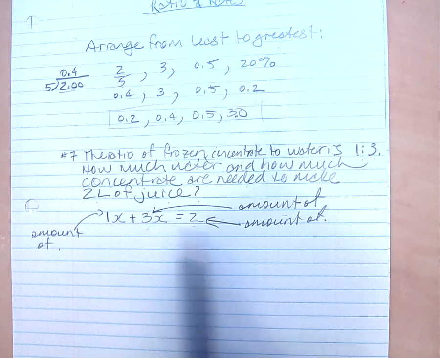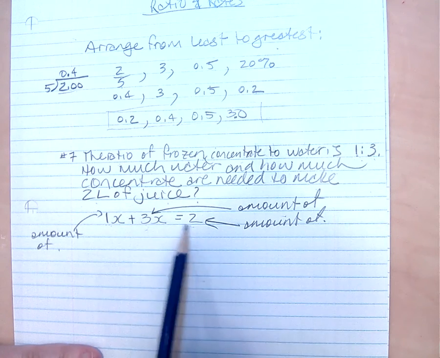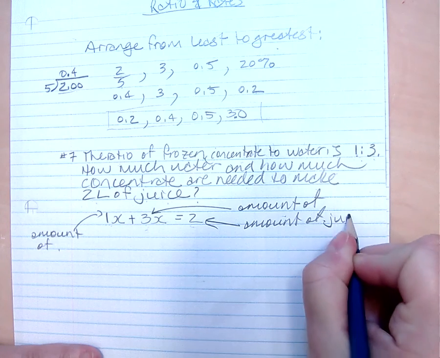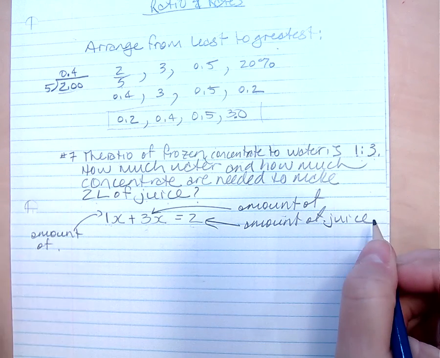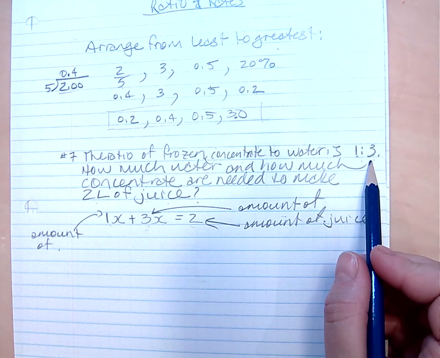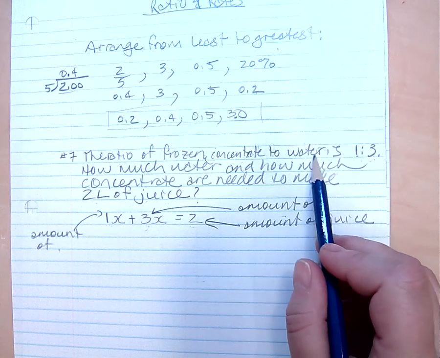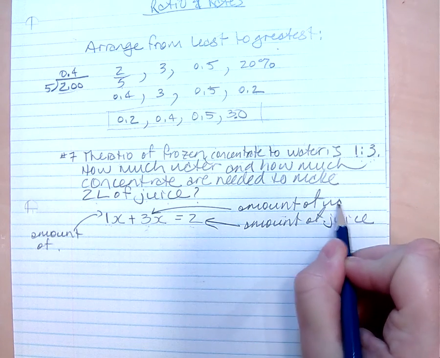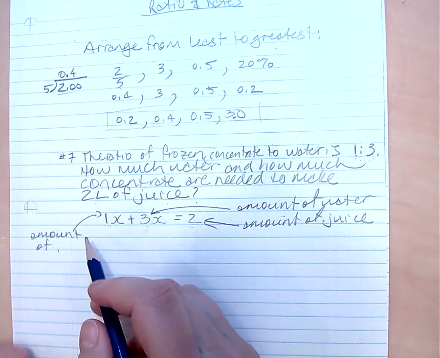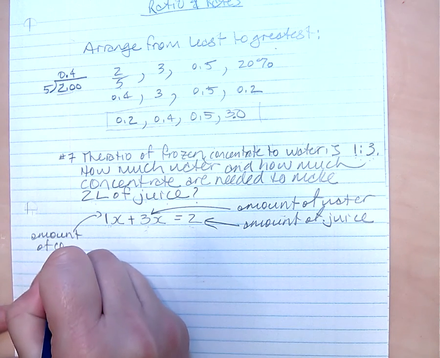So I think it's fair to say that 2 is going to represent the amount of juice. And then 3x is the amount of water. And 1x is going to be the amount of concentrate.